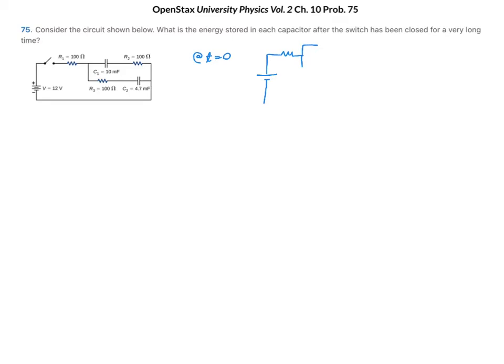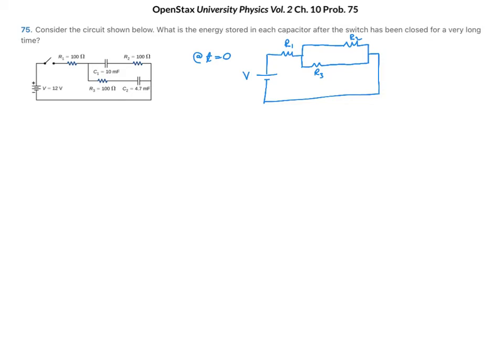So the capacitor will act as a wire at that point, and then it will go through the resistor R2. Then down here, it will go through the resistor R3, and it will pass through the capacitor as if the capacitor isn't even there, because the capacitor at first acts as a wire until it starts building up charge on it. So we have this circuit at time equals 0.